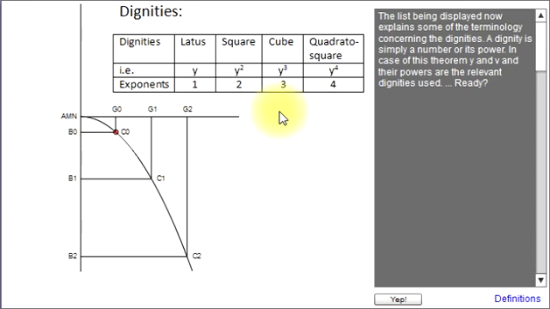So the y, including its exponent, for instance, would represent a dignity, whereas the v part, also with the various possible exponents, would also define a dignity. So when we talk about dignities here, we always talk about the y and the v as abscissas and ordinates and their respective powers. This is all that's to be said about the term dignities.